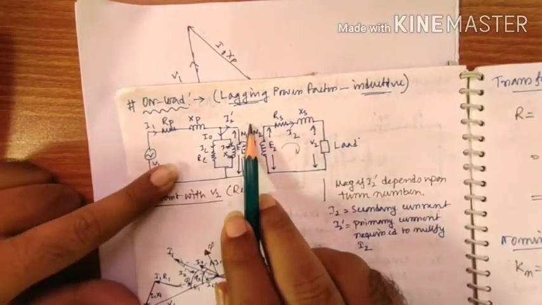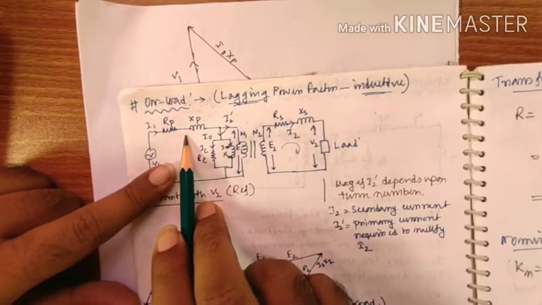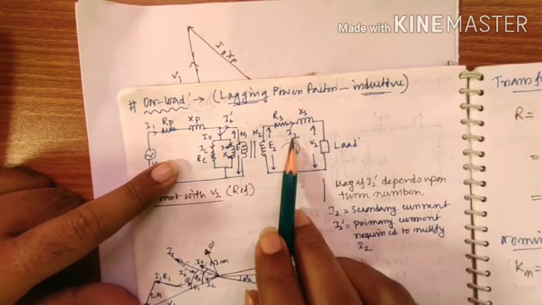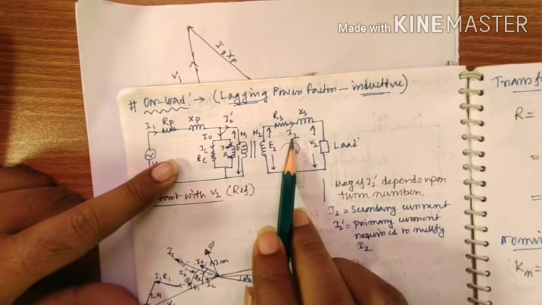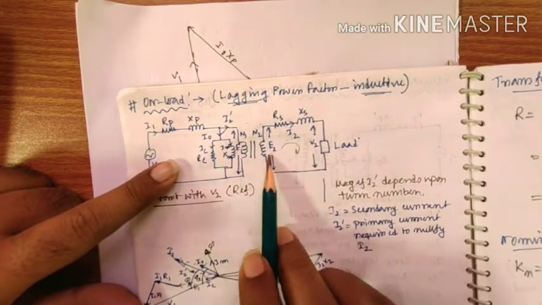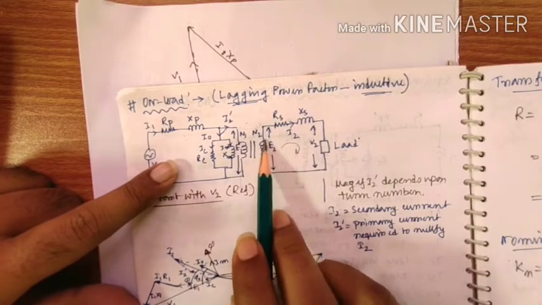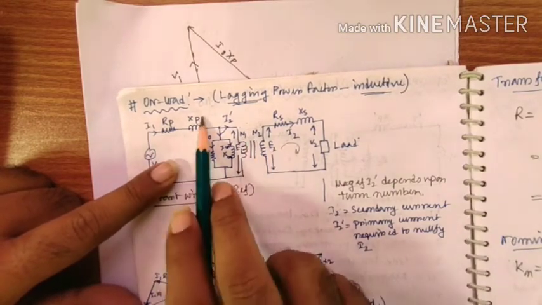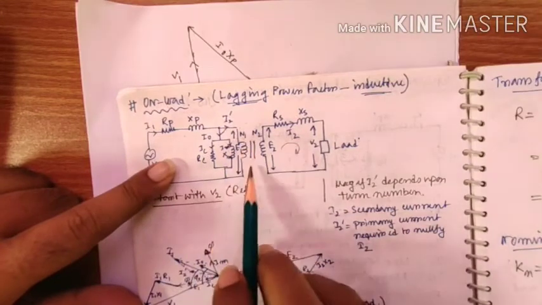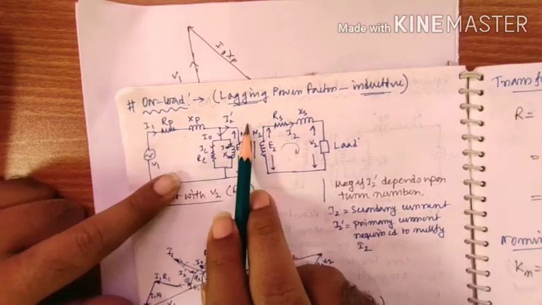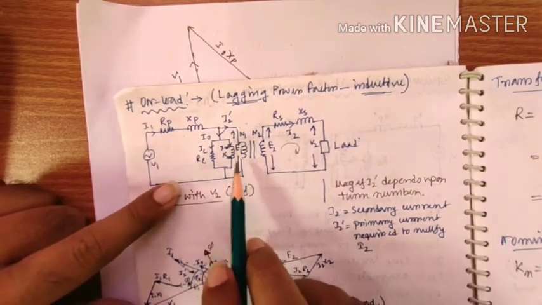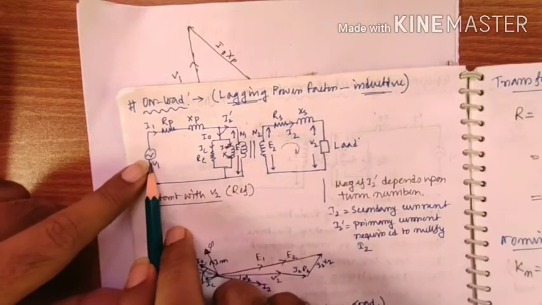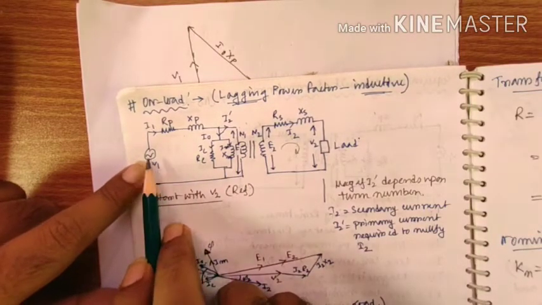That flux was generated due to the flow of current within the primary winding. So now this extra current requires extra potential here. That extra potential requires extra flux to be present within the system. That means this primary winding draws something more current right now from the source.